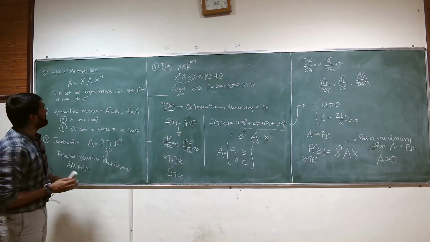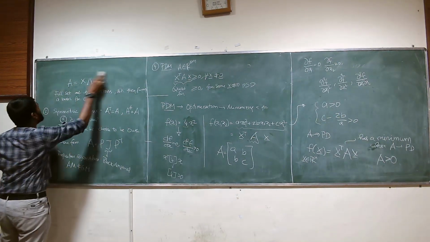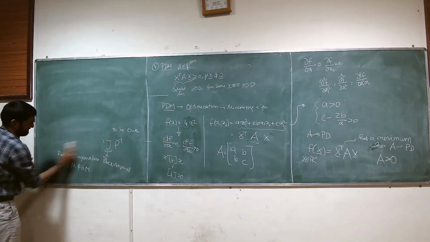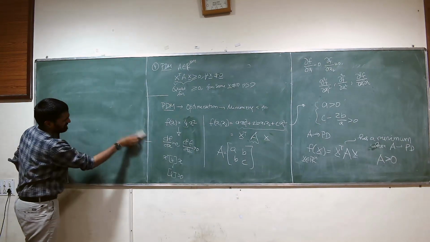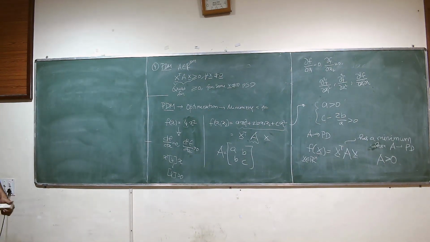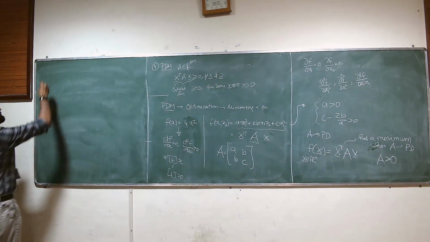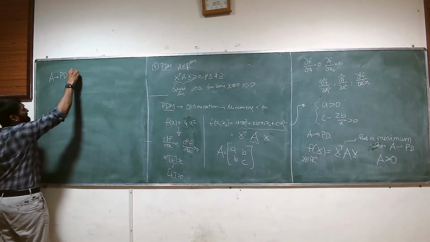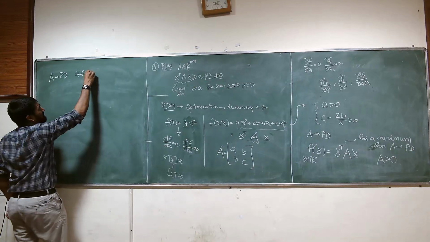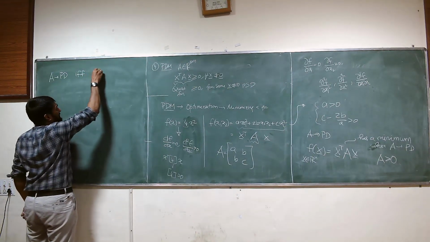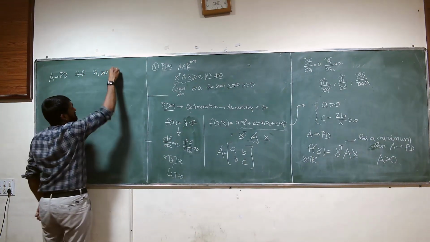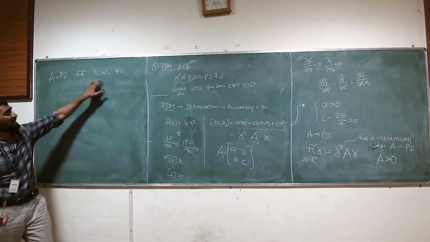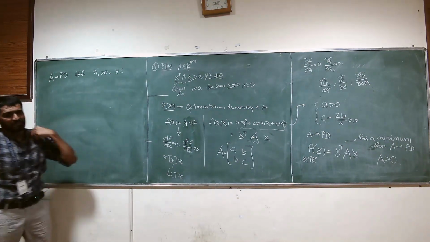Okay, and the condition for a matrix A to be positive definite is: A is positive definite if and only if lambda i is greater than 0 for all i. Okay, that means all of its eigenvalues have to be greater than 0.